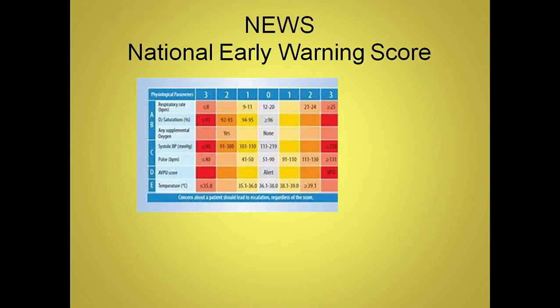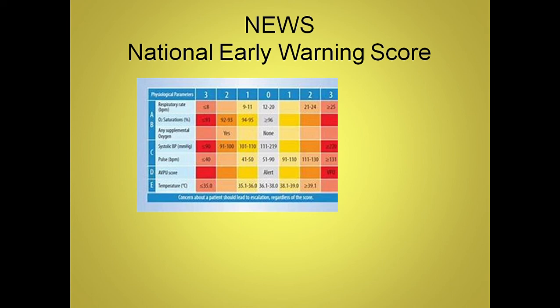I just want to quickly go through the NEWS, because NEWS, the National Early Warning Score, is used a lot in hospitals, but we're talking about the pre-hospital environment. So the standards on the NEWS are slightly different to what the JRCALC quotes. If we look at the middle column on the NEWS, the 0, that potentially is saying everything's within normal parameters.